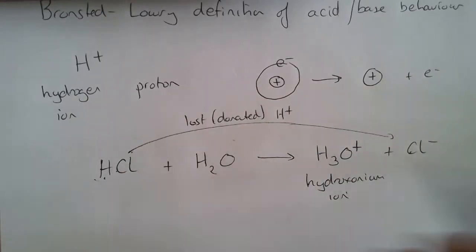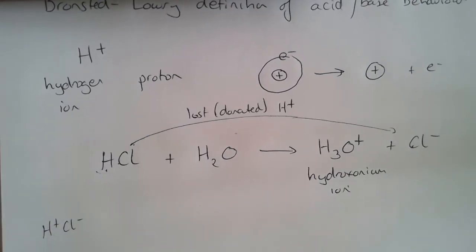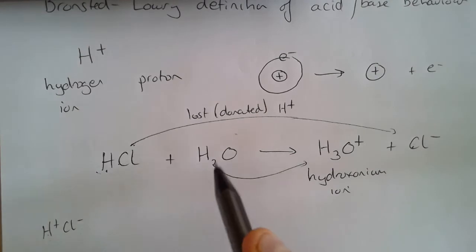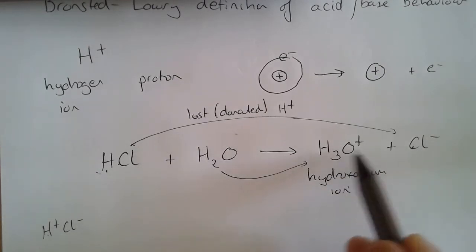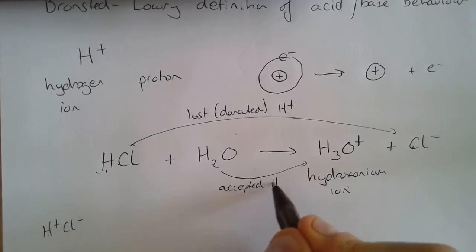The reason we've gone to Cl minus is we can think of HCl as effectively being a H plus ion and a Cl minus ion, although in reality it's more likely to be a covalently bonded compound, but that's how the electrons will break up and how we end up with the charges on these ions. If we have a look at what's happened to the water, it was H2O, it's now H3O plus, so this has accepted a proton.